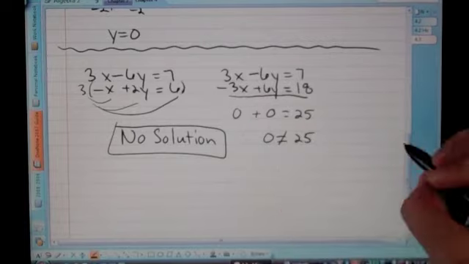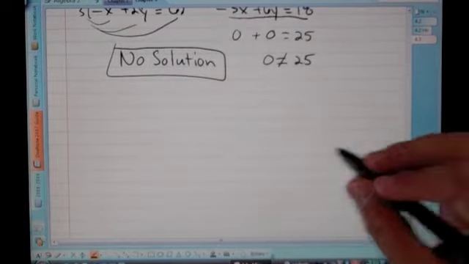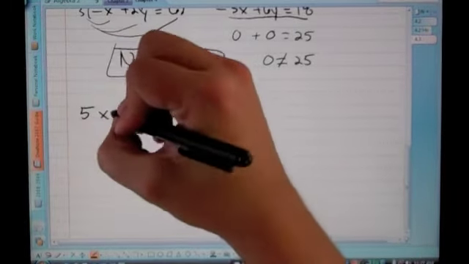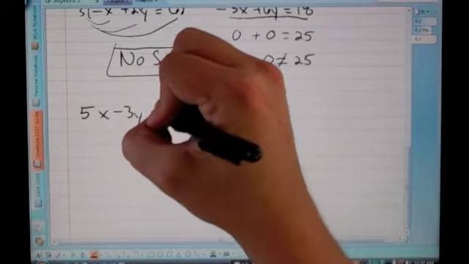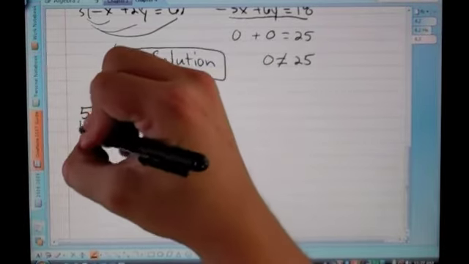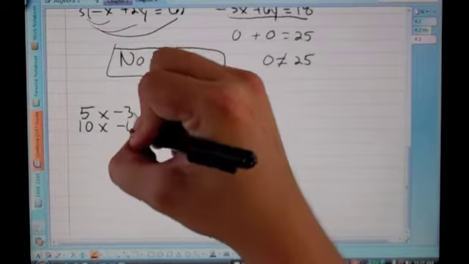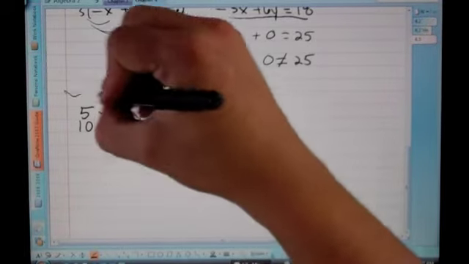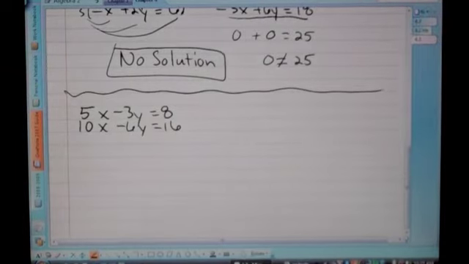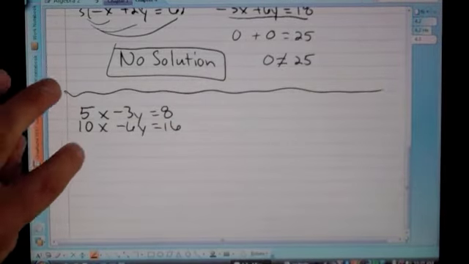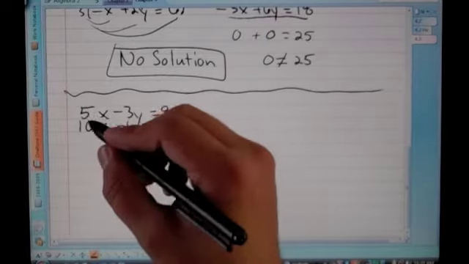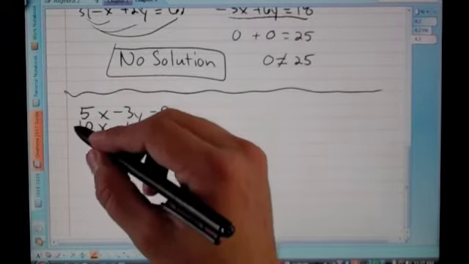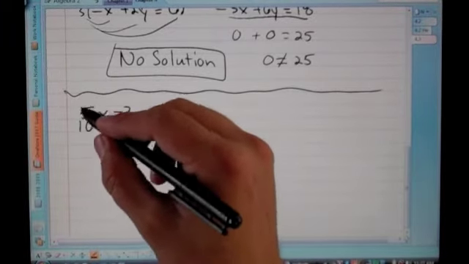So that's the one interesting problem here that is different from the first two examples, when it's not equal. Now the other, our last problem, says 5x minus 3y is equal to 8, and 10x minus 6y is equal to 16. So now, again, we want to get the same number, just opposite signs. So I'm going to go with this 10 here. I have a positive 10, so I want this to be negative 10.